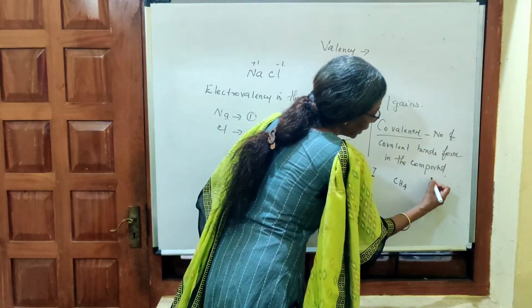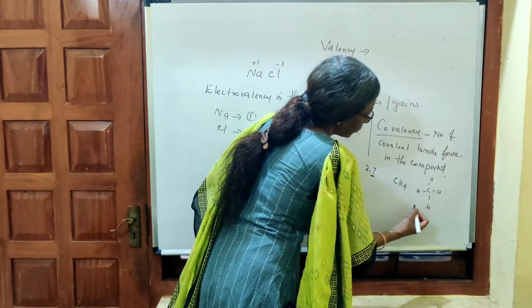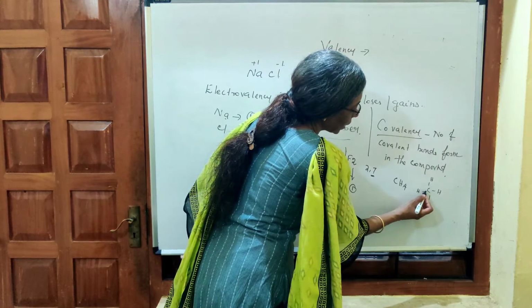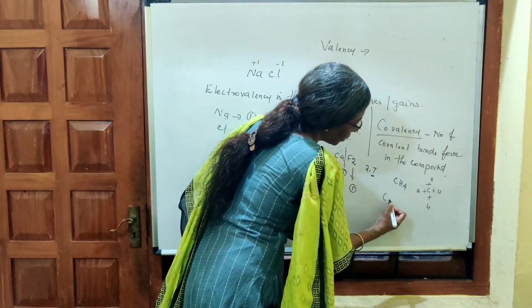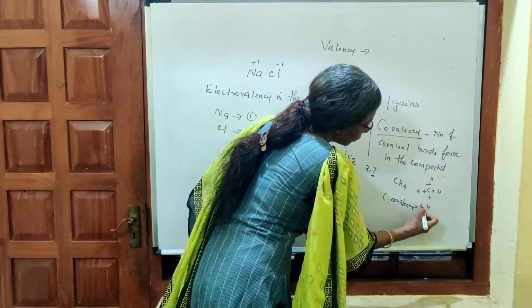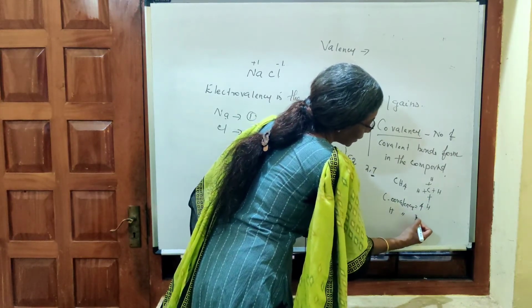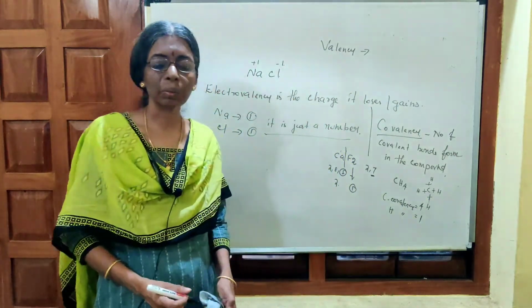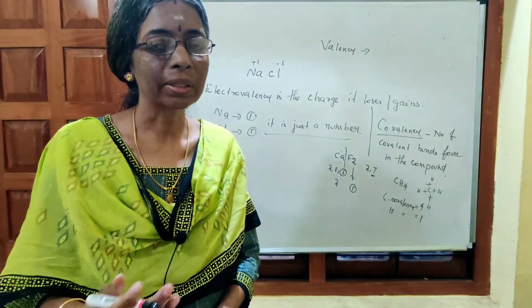So C with H, H, H, H. Here how many covalent bonds are there? 1, 2, 3, 4. So carbon covalency is 4. For hydrogen, how many? Only 1. So hydrogen covalency is 1. Is it clear? Okay. Now we are going to see the properties of ionic compounds.